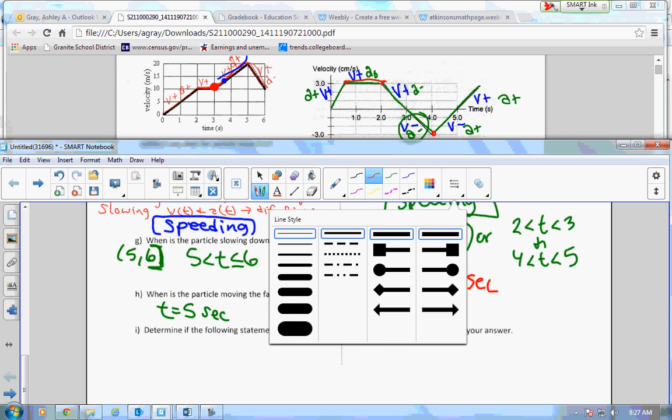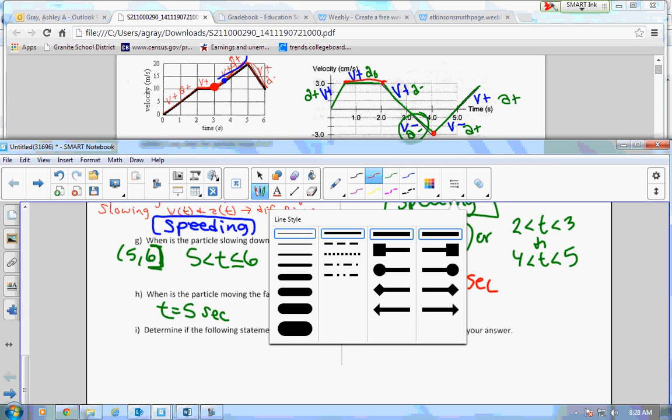What are we looking for? Acceleration, isn't that the derivative? So it has to be differentiable. If it's differentiable, then the limit as x approaches some value of the derivative from the right has to be equal to the limit as x approaches that same value from the left of the derivative.